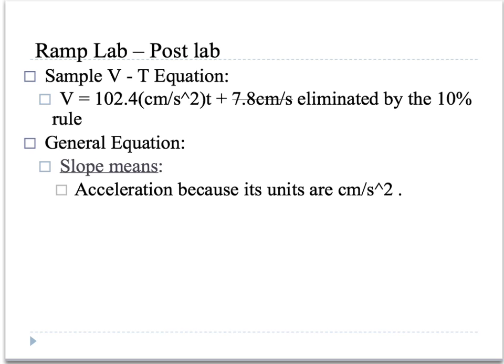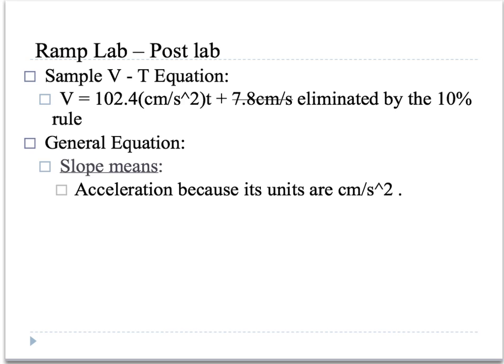So the goal is to look at everything that's a number, figure out what it means, and then replace that number with a variable, so that you can use the equation to predict physical behavior not just for your lab sample with a specific numerical slope and y-intercept, but an equation that you can use in any situation involving the variables from the lab.